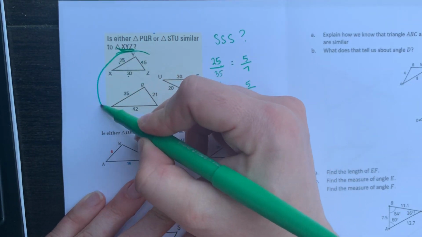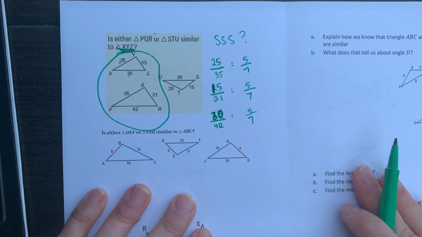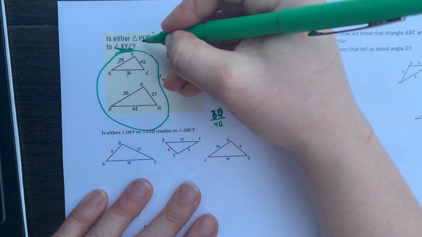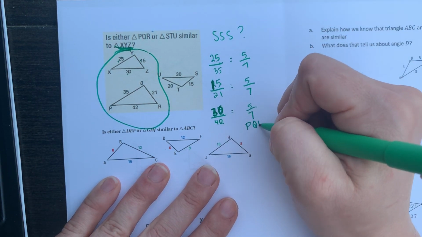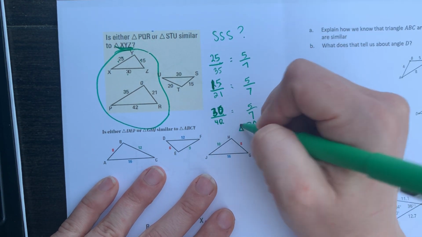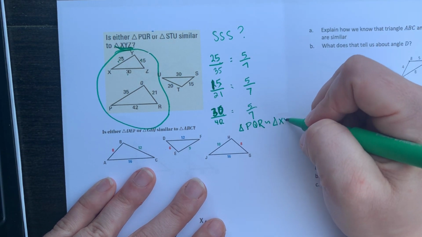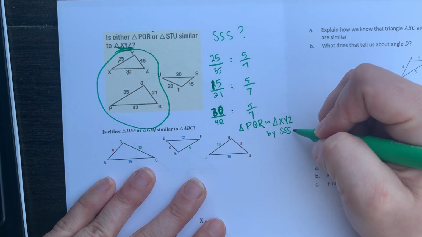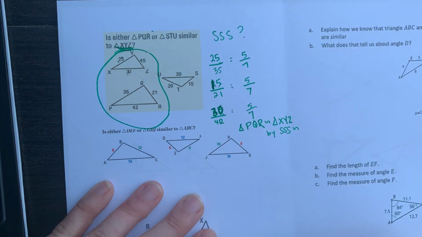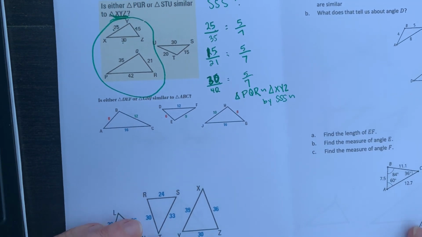So I just happened to land on the correct answer the very first time. I'm going to be very careful when writing this similarity statement. Triangle PQR is similar to triangle XYZ by SSS similarity. Awesome job.